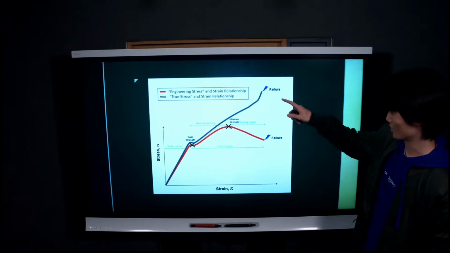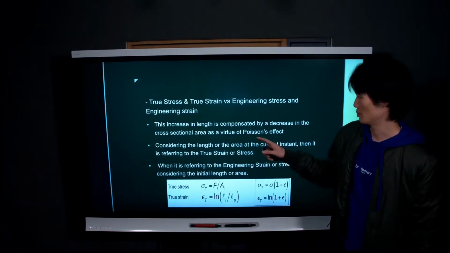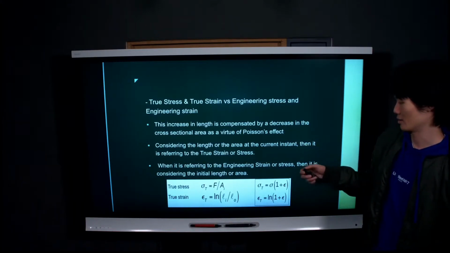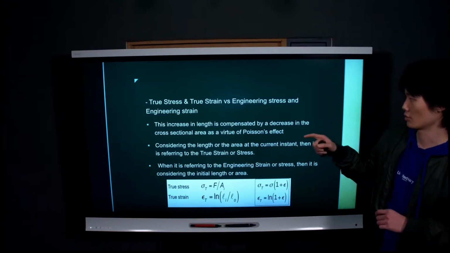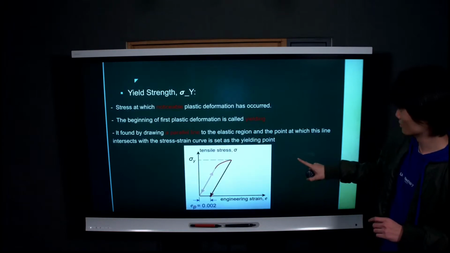The difference between these two curves is caused by the Poisson effect, where the area decreases while the length increases in the material.